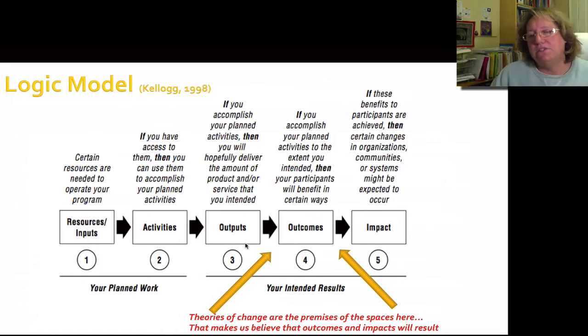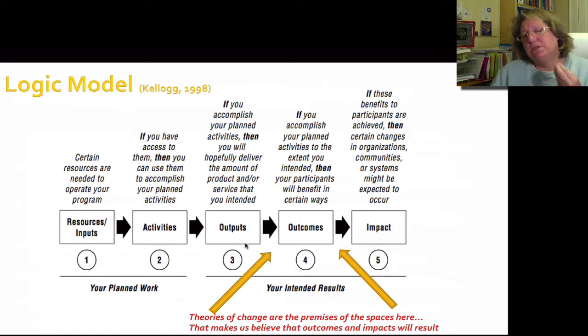And part of doing a really good logic model is saying out loud, if we do this community education, then we believe as an organization that people will lead healthier lives. And the theory of change connected there is one about efficacy and the importance of knowledge and awareness leading to improved action.